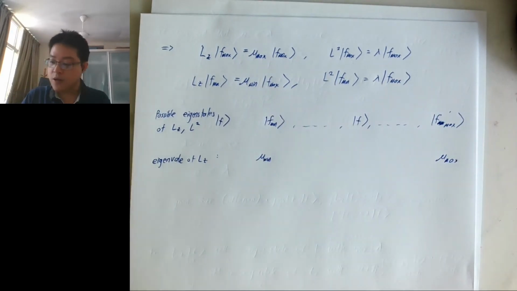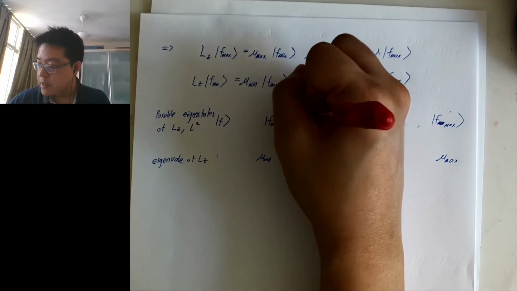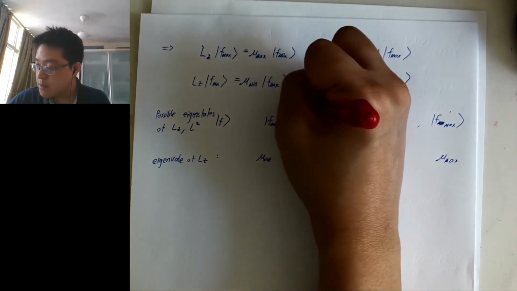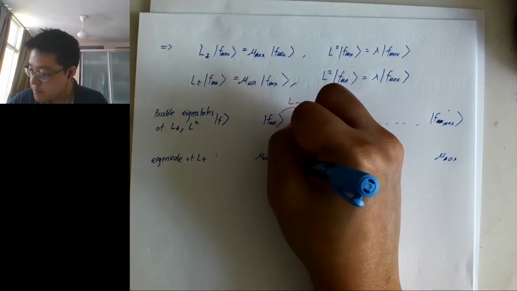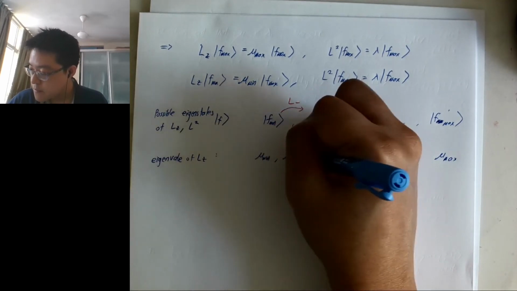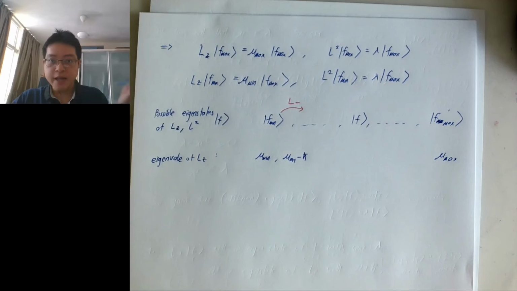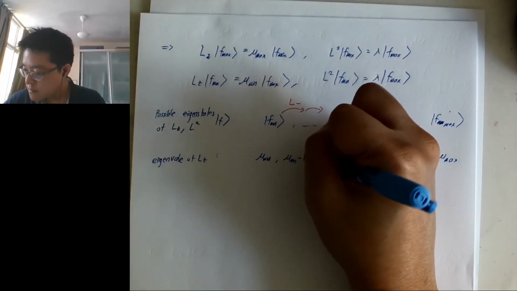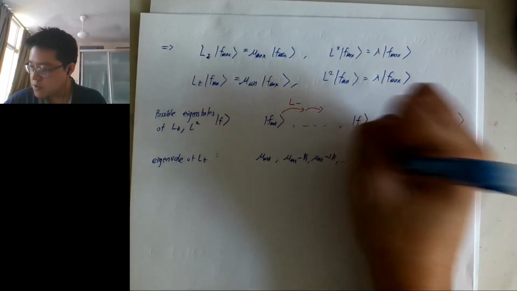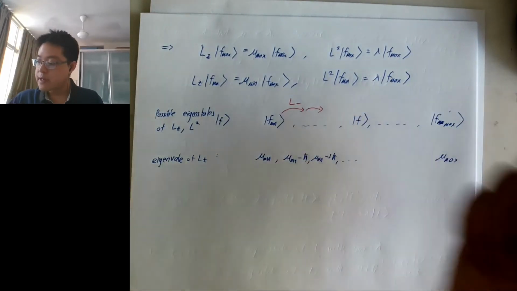So according to our reasoning so far, if I apply an operator L minus, the eigenvalue will decrease by 1 step. If I apply this again, it will decrease again, and so on and so forth, right? And I can also go backwards.